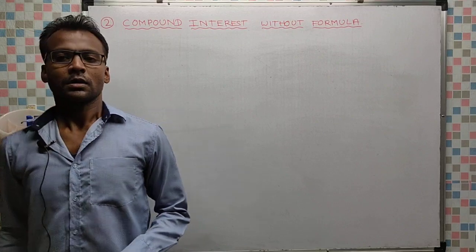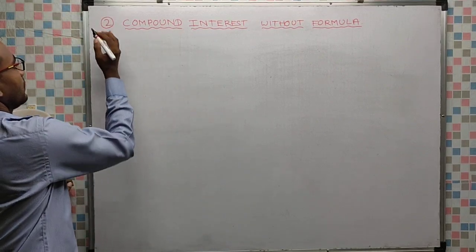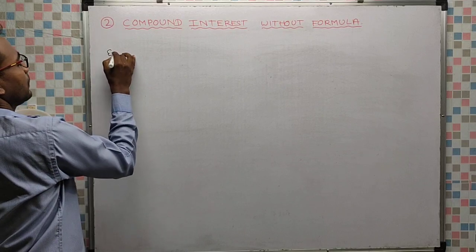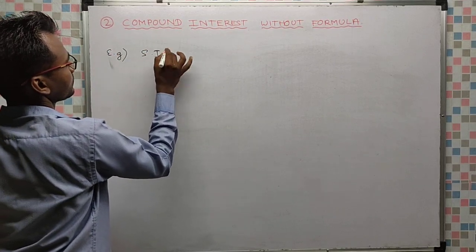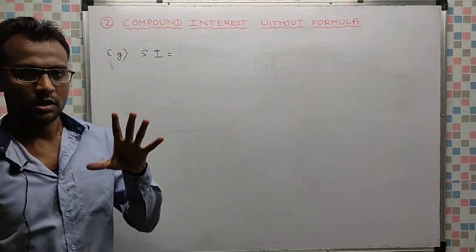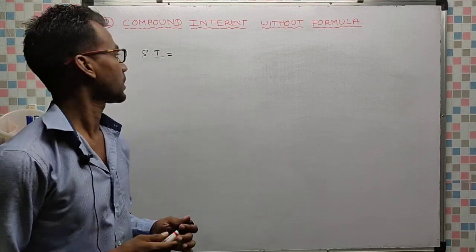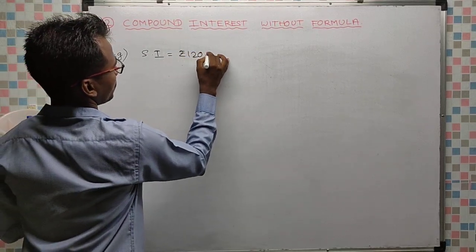Suppose it is given that simple interest on a certain sum at a certain rate for 3 years is rupees 1,200.